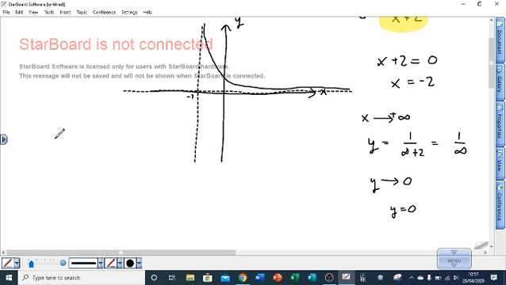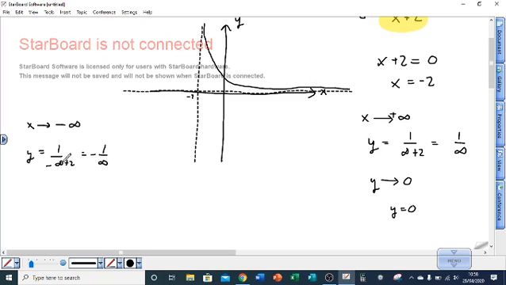And realistically, you should also look at where x tends towards negative infinity. So you end up with y is equal to 1 over negative infinity plus 2, and that plus 2 is having no effect, so it's 1 over negative infinity, which is really negative 1 over infinity, which is 0.